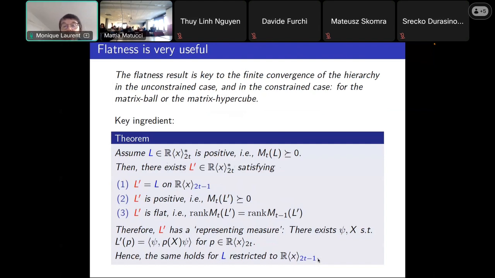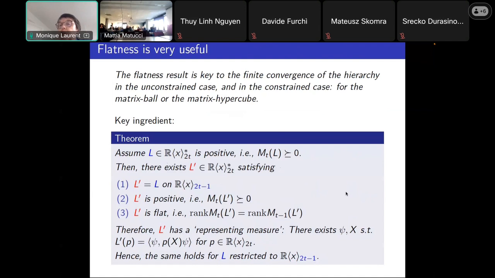And this fact, where does this come from? In a nutshell, I didn't draw it, I should have drawn it, but the moment matrix of order t is a big matrix, yes? And here you would have the submatrix where you have the degrees up to t minus 1, and the lower corner would be the submatrix indexed by monomials of degree equal to t.